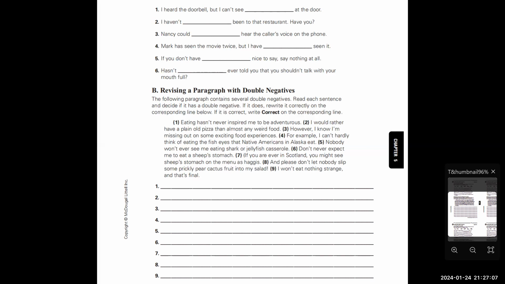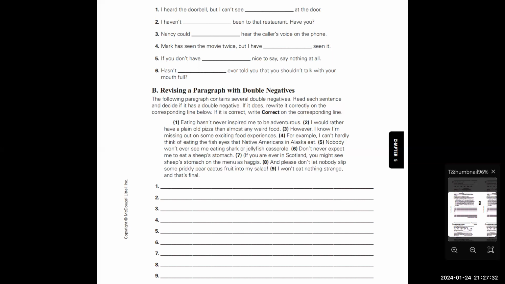I would rather have a plain old pizza than almost. Is that rather a negative word? No. Okay. We forgot to read the instruction. The following part, let's read first.